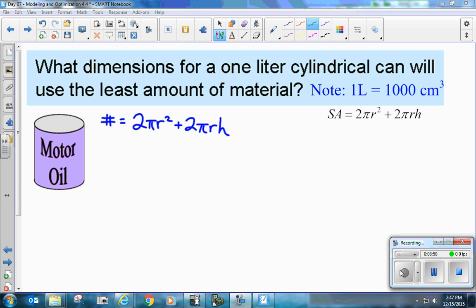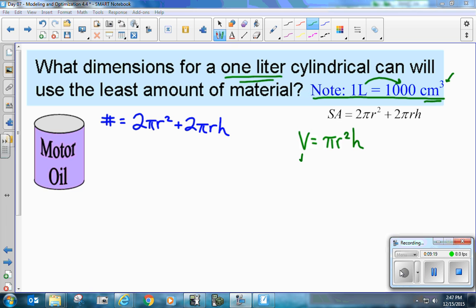So they give us this little note right here. And since area would be units squared, volume is units cubed. So volume is pi r squared times height. All right? And they tell us that the volume of this is a 1 liter cylinder. Well, they say 1 liter is 1,000 centimeters cubed.